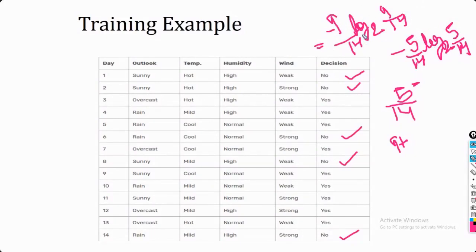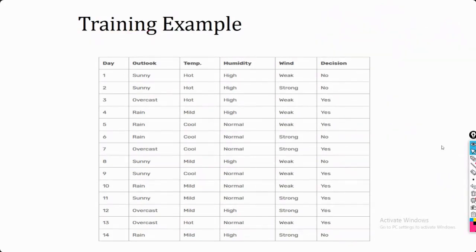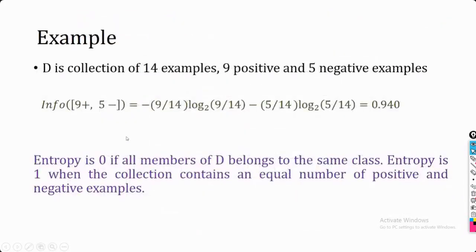Whatever value you get is going to define the entropy with respect to your training data set. Okay, so that we are going to see. I have written that in the next slide also. Here you can see we have calculated with 9 positive and 5 negative. This way we are calculating the entropy with respect to the given D.